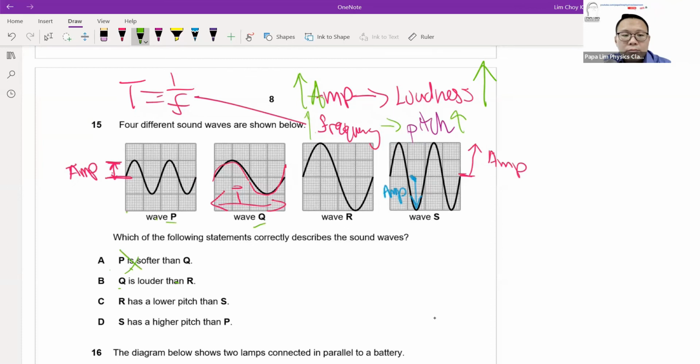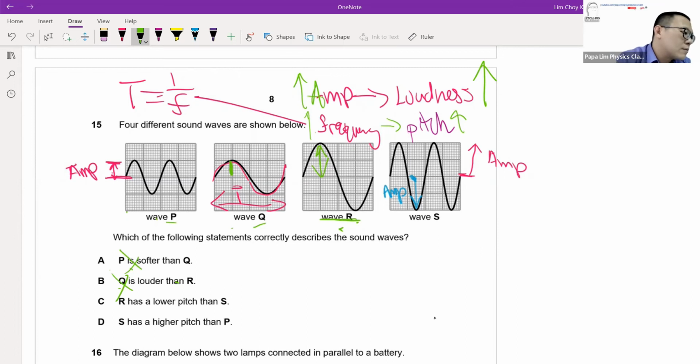Is Q louder than R? Q is not louder. Why? Because of the amplitude. The amplitude of Q is actually shorter than the amplitude of R. If you look at the placement of the wave itself, you'll find that Q is actually softer than R. So that's why B is out.